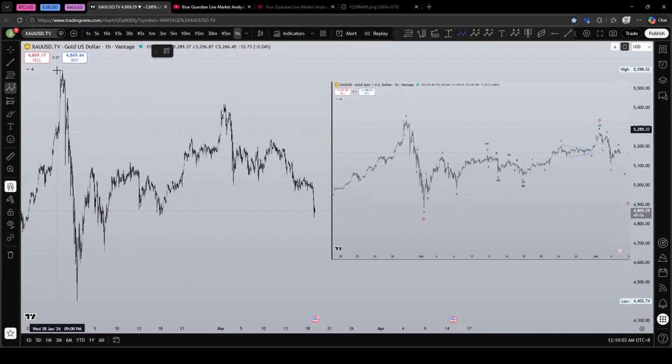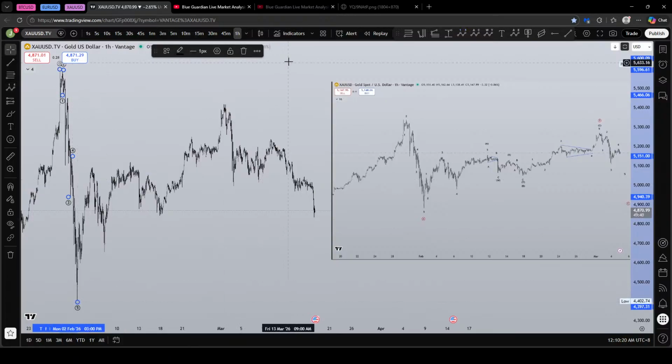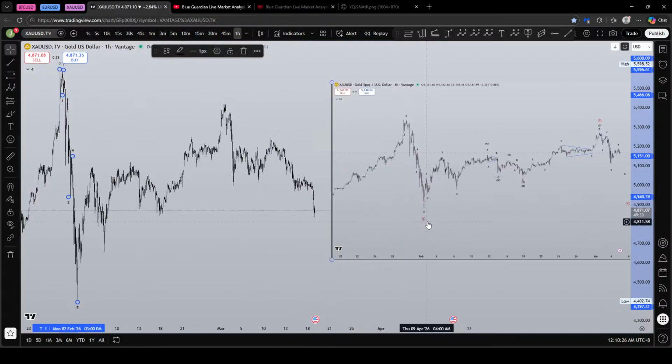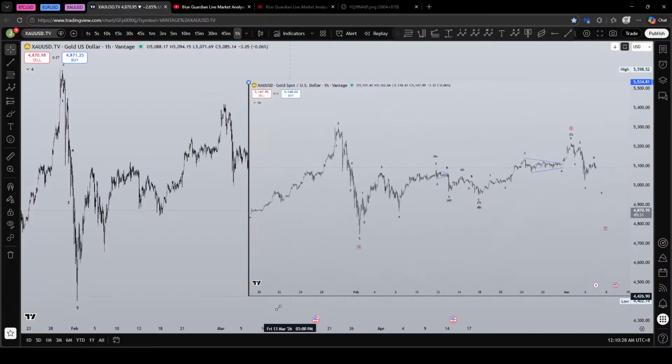So here we have the wave. This is the wave 1, then wave 2, 3, 4, and then 5. So this is the first wave, or the internal waves of the encircled wave A here.